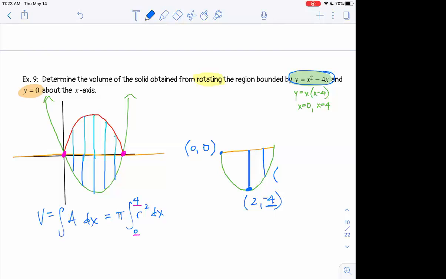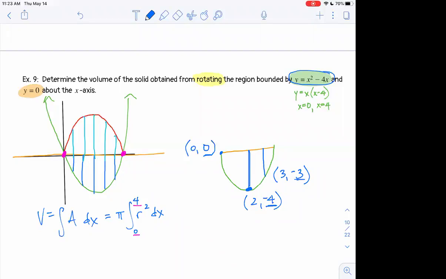And I'll tell you that that has an x value of 3. What's the y value there? -3. All right, so 3 squared is 9. 9 minus 12 is -3. Very good.